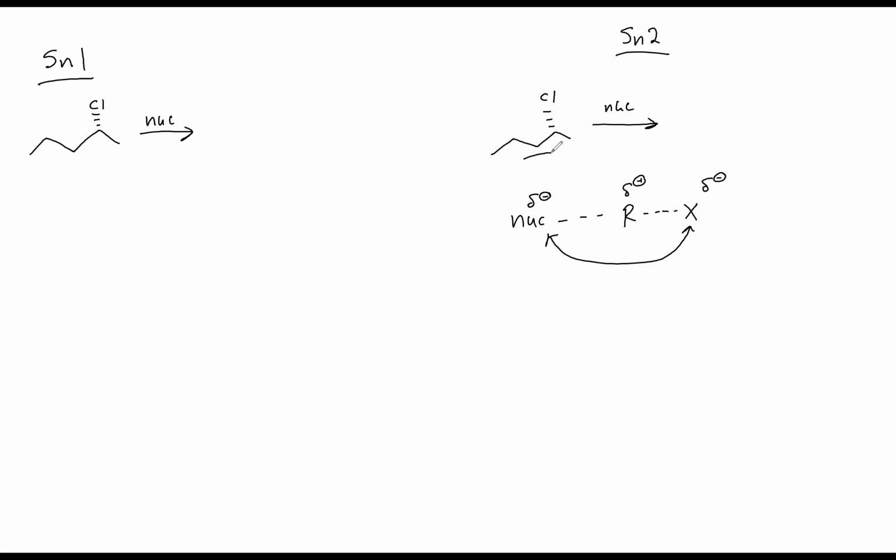So let's draw this sort of in 3 dimensions. So like if our chlorine is on a dashed wedge, our nucleophile in the transition state is going to stay as far away as possible from the chlorine as a solid wedge. So when we do Sn2, we're going to end up with an inversion of stereochemistry just at the stereogenic center that had the leaving group.